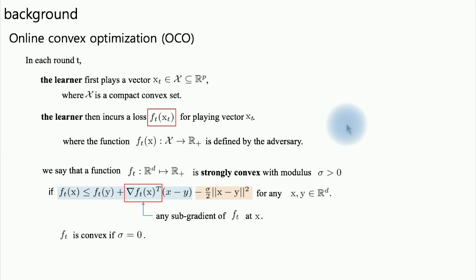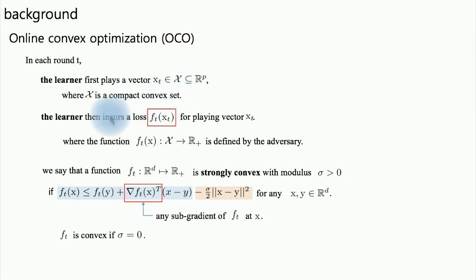In general, an online convex optimization (OCO) problem can be formulated as a sequential and repeated game between the learner and the adversary. In each round t, the learner first plays the vector xt, an element of the set X, where the set X is a compact convex set corresponding to a set of possible solutions.